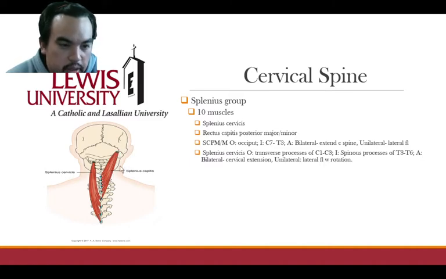We do not have to palpate them, and we're not going to palpate them in lab. Just know the splenius capitis attaches on the occiput and goes down to the spinous processes. And then splenius cervicis attaches at the transverse processes of C1 to C3, and goes down to the spinous processes of T3 to T6.